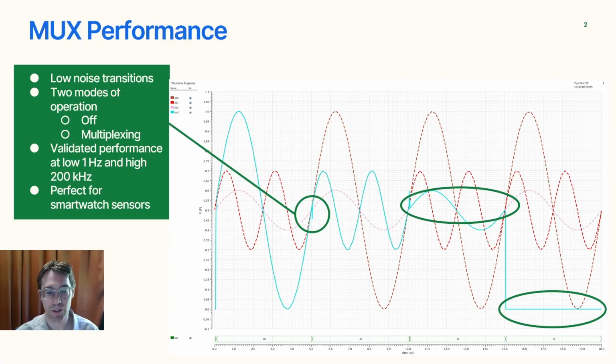The first slide of the presentation summarizes the performance of the analog multiplexer, which has 4 inputs switched with a 2-bit binary signal seen in the bottom. You can see the blue line is showing the output of the multiplexer, while the other dotted lines show the generated signals that are being switched between.